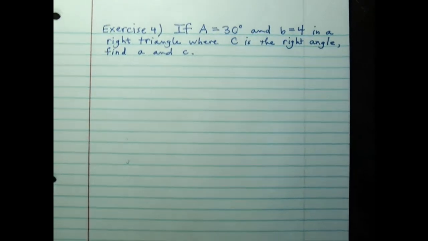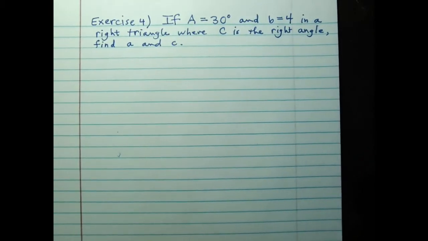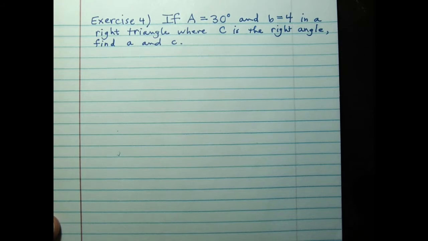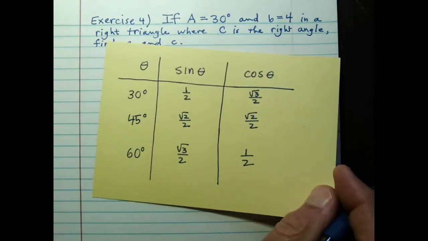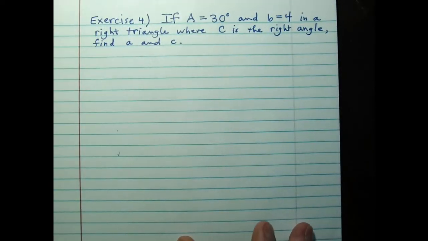Now, in this video, I also want to do an exercise 4. And so we're going to apply some of what we just used. In other words, we're going to use information from this yellow card in this exercise.